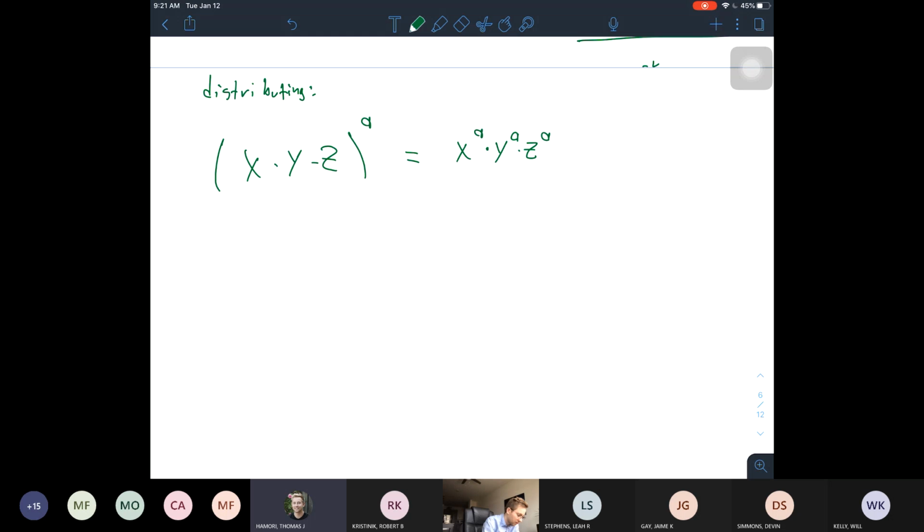For example, let me write a note. If we do x plus y plus z to the a, this is not going to be equal to x to the a plus y to the a plus z to the a.